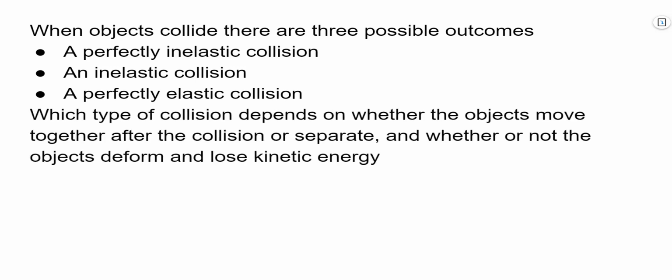Which type of collision depends on two things: whether or not the objects move together after the collision or whether they separate, and whether or not the objects deform and therefore lose kinetic energy, or if they don't deform and kinetic energy is therefore conserved.